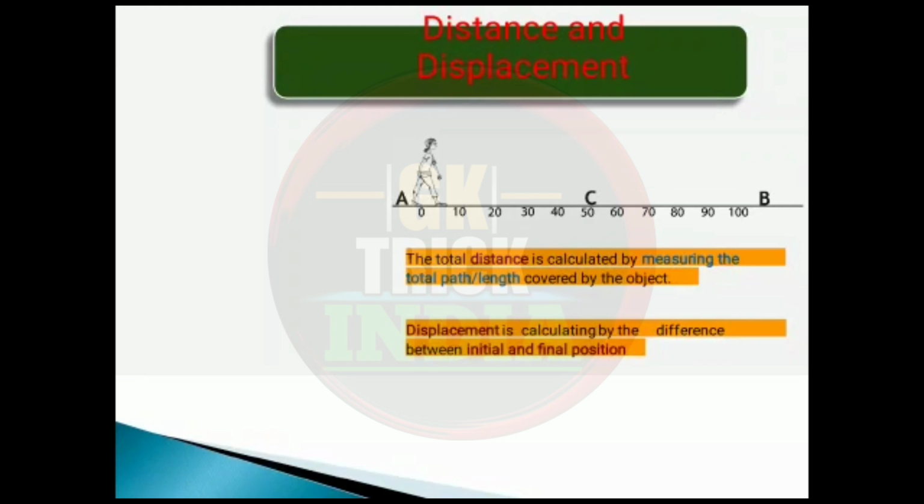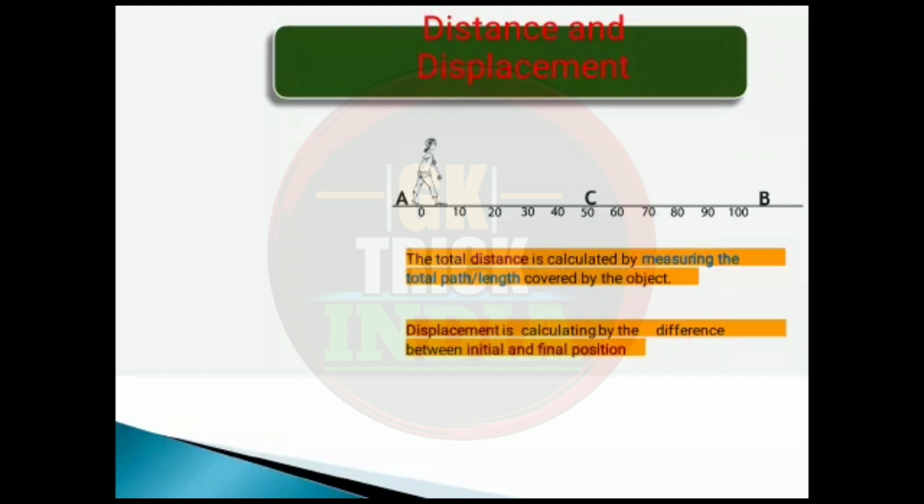As we can see in the figure, the observer is moving from position A to position B. The path length covered while moving from A to B is 100 meter, that will become its distance. And displacement will be the difference between the initial position and final position. As initial position is 0, final position is 100, so displacement will become 100 meter.